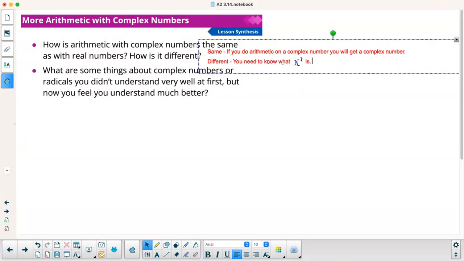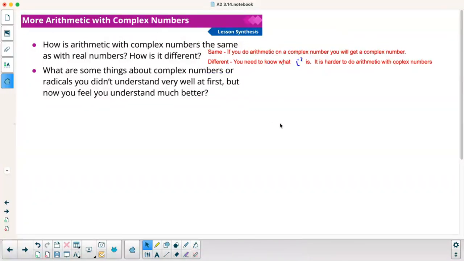Okay. What else? It is harder to do arithmetic with complex numbers. Okay, you can't just do it in your head.